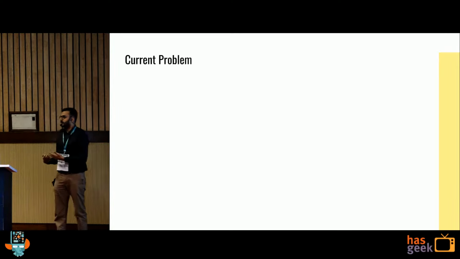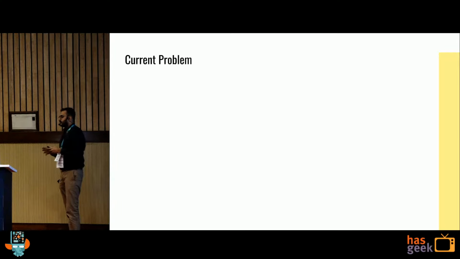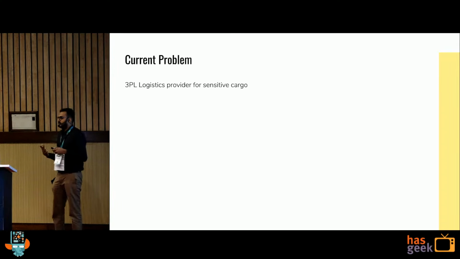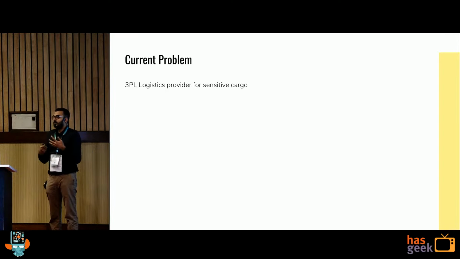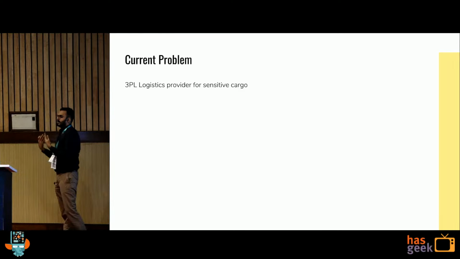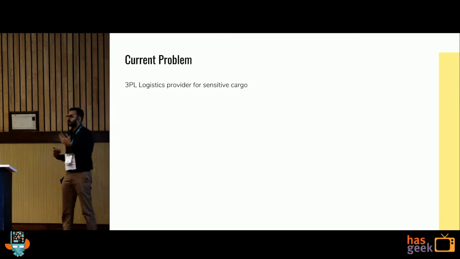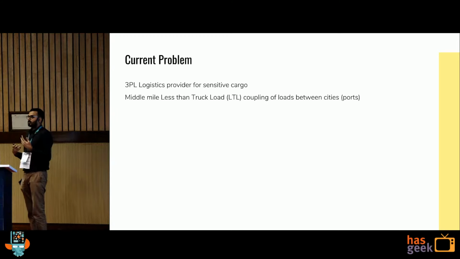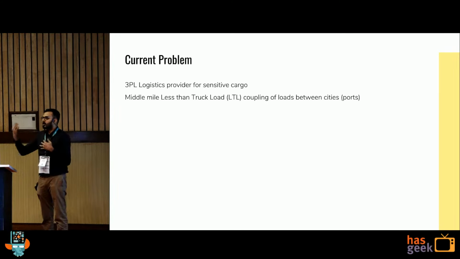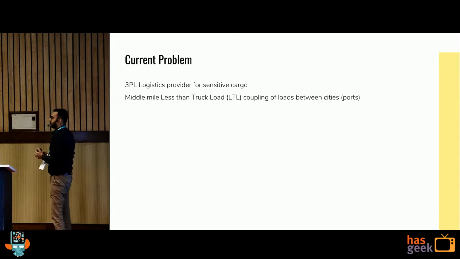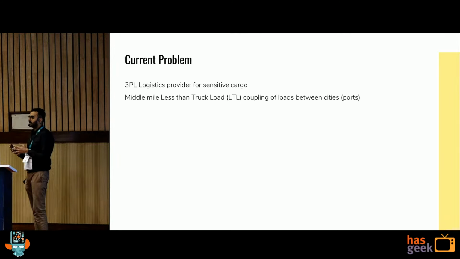Talking a little bit about Pickle.com, we are a 3PL service provider for sensitive cargo, right? So we ship white goods, furniture, and certain sensitive cargo like ATMs, servers, things like that, right? So we get a lot of long haul LTL loads. When I say LTL, it means less than one truckload, right?